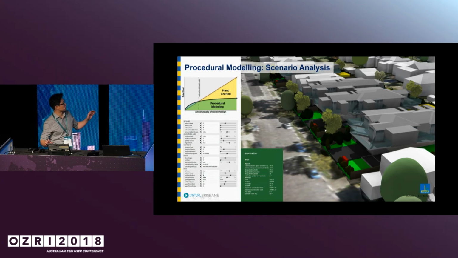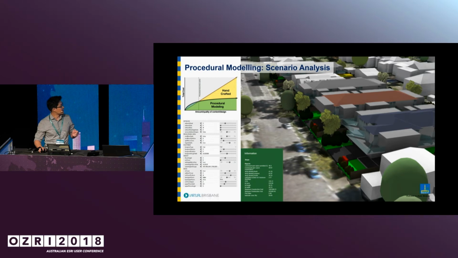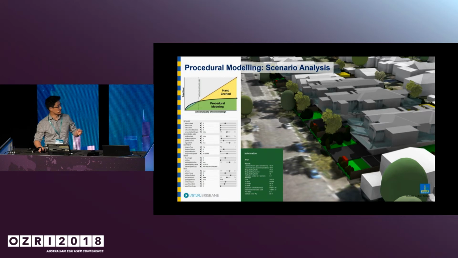So in this example, what we're asked to test is what happens to the streetscape and how a human would experience a street if we were to increase plot ratio and allow more plot ratio. So what we're able to do is code these rules to begin with, drag a slider for plot ratio, and what you can see here is as the plot ratio increases, we lose variation in the building forms.